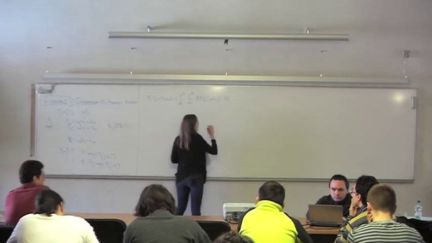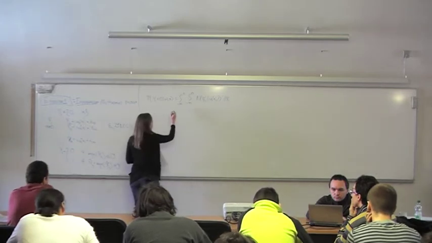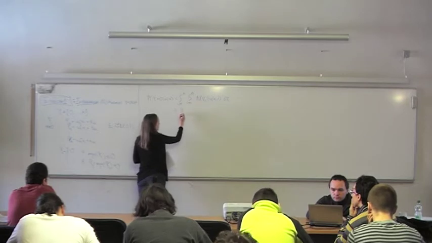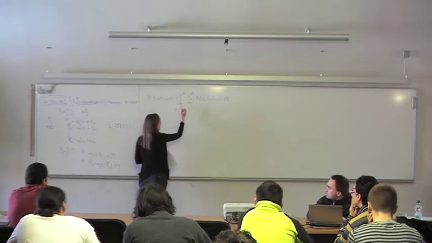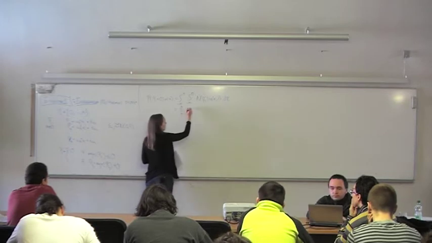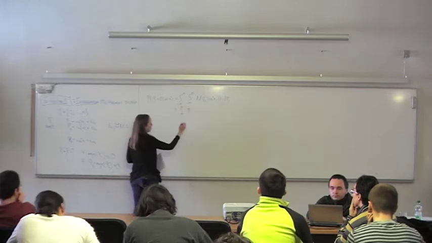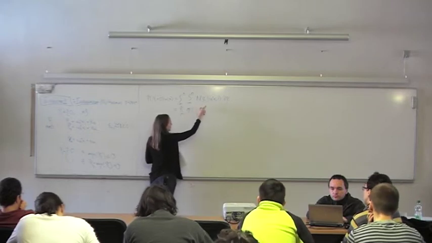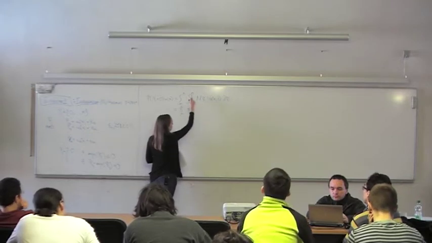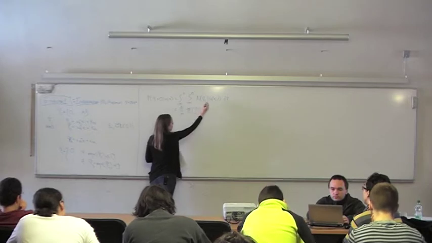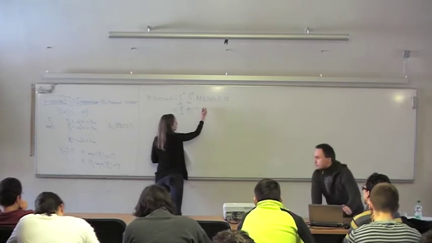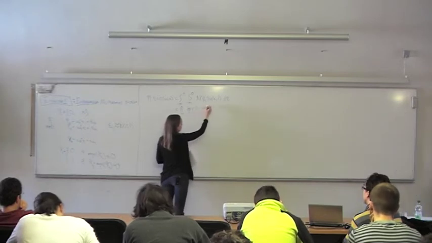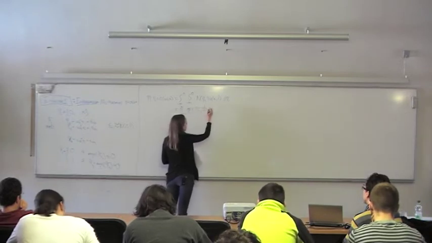So this is just the product from j equal 1 to k of the standard normal CDF evaluated at 0 minus the mean, divided by 1.